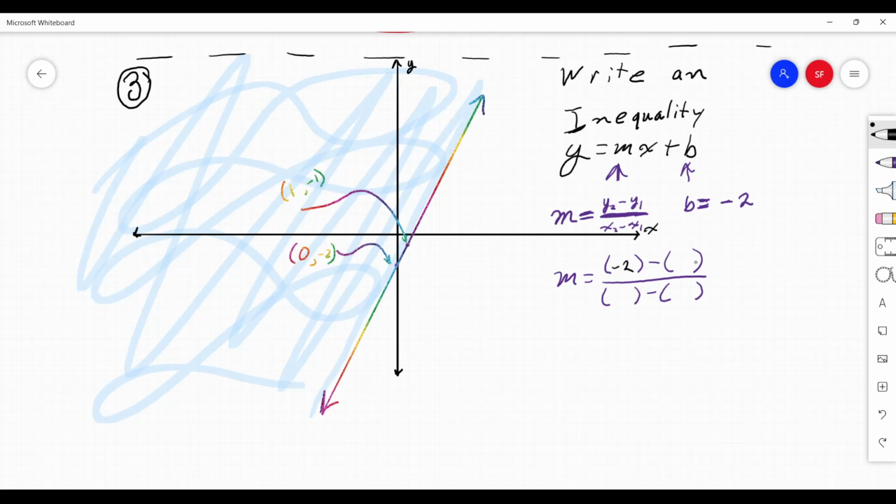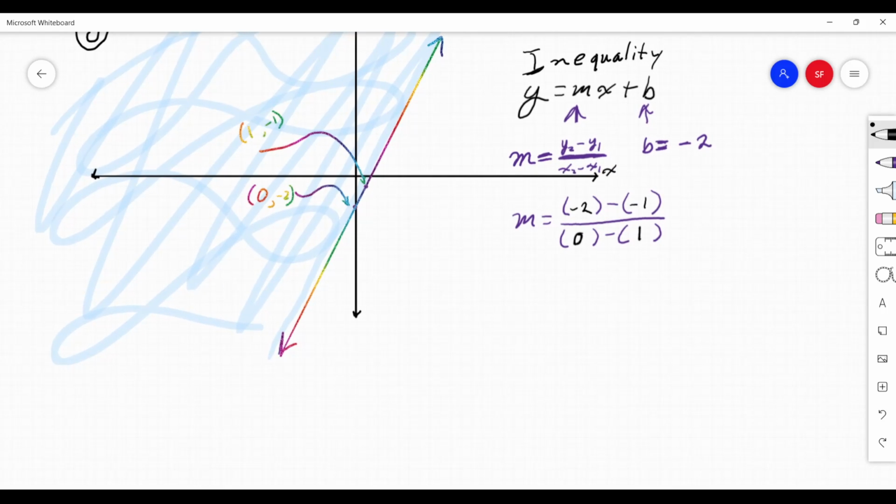And right here, -1. And here, 0. And here, 1. Oh yeah. It finally makes sense.